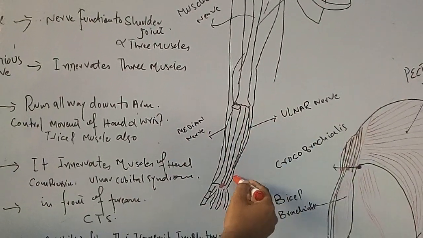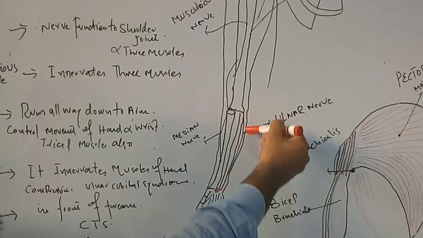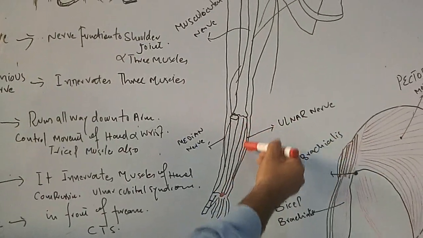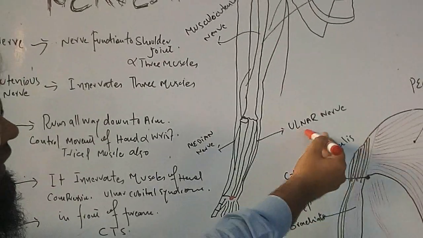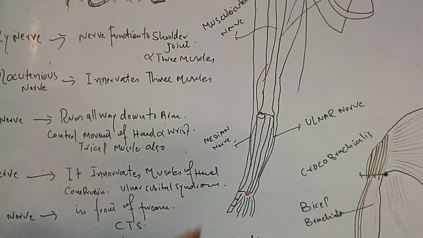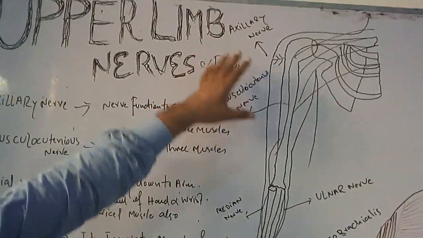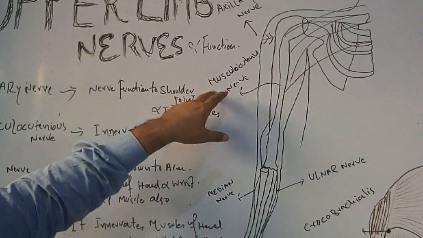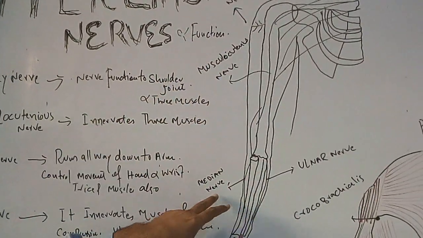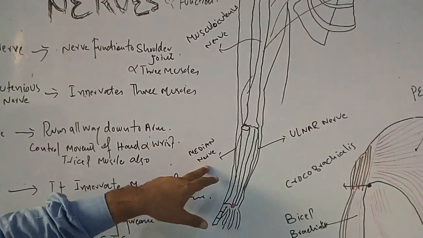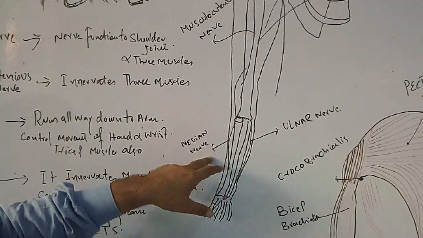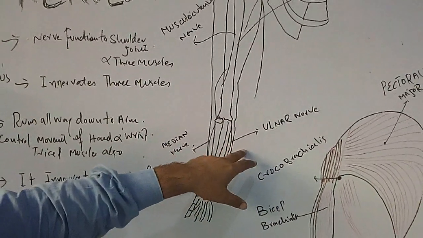And this is the ulnar bone, and the nerve nearby is called the ulnar nerve. So we are discussing five major nerves: first the axillary nerve, second the musculocutaneous nerve, third the radial nerve, then the median nerve, and then the ulnar nerve.